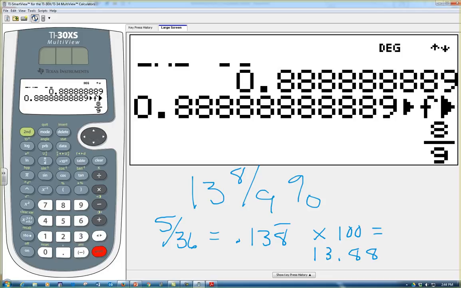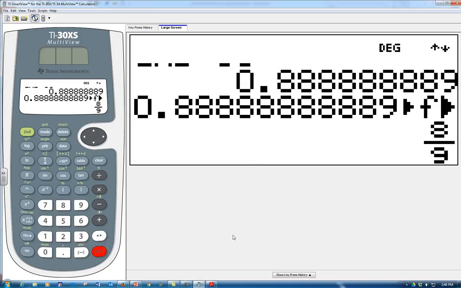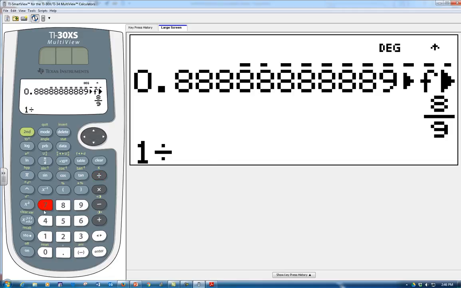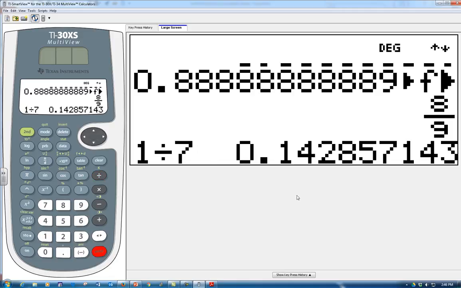So let's do another one on the calculator so you guys can see it. This one's number 30, and it gives us 1/7. It wants us to change to a decimal, so we take 1 divided by 7. And we look at this one, is it repeating at any point?